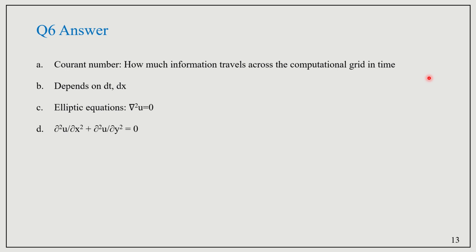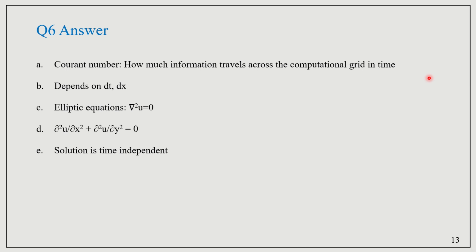So here we have those diffusive terms. The solution to this particular equation is independent of time. It is not varying with respect to time, and we need to solve the solution simultaneously at all the grid points. So the elliptic solution is actually independent of the Courant number.